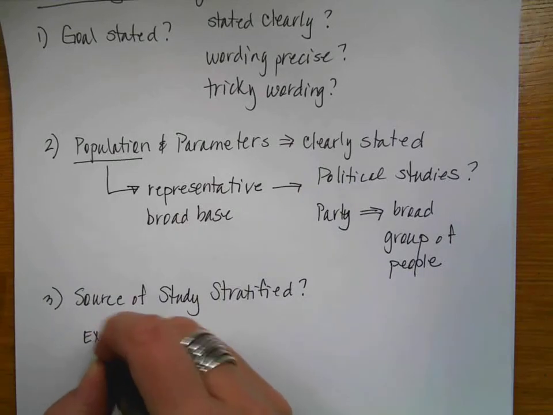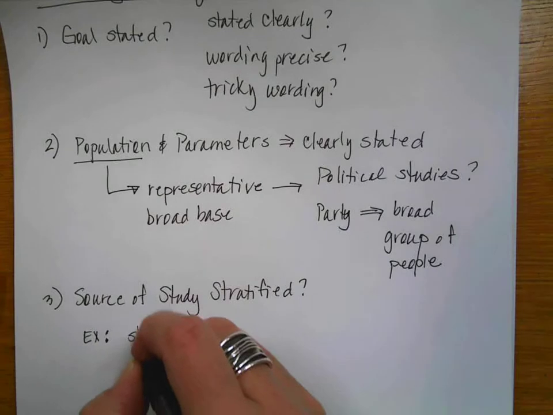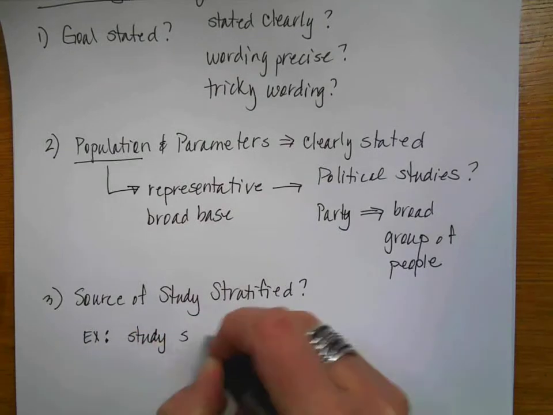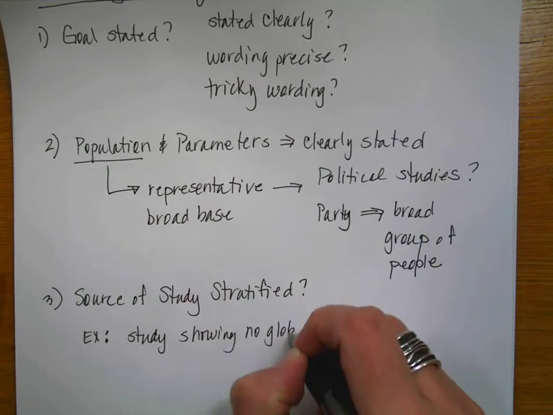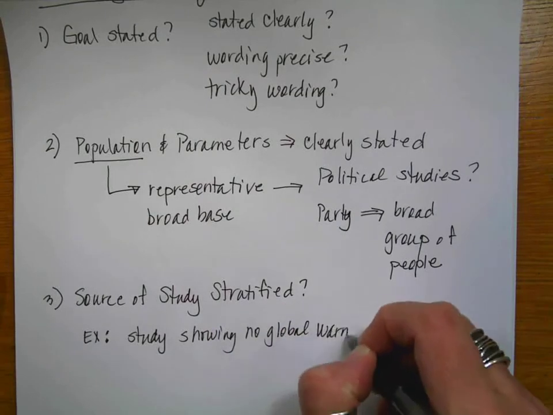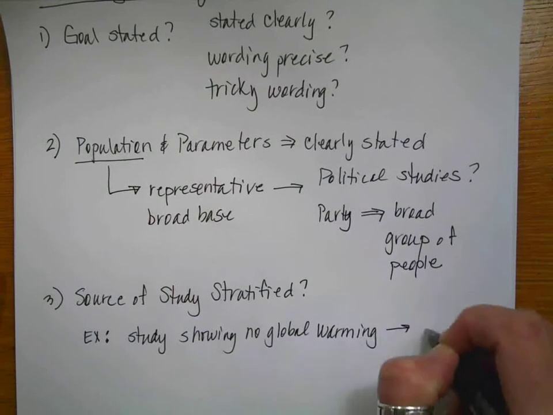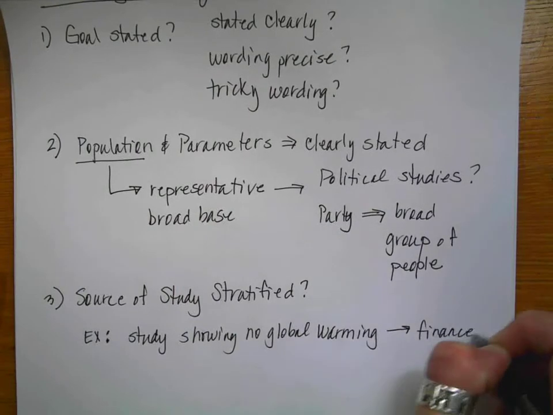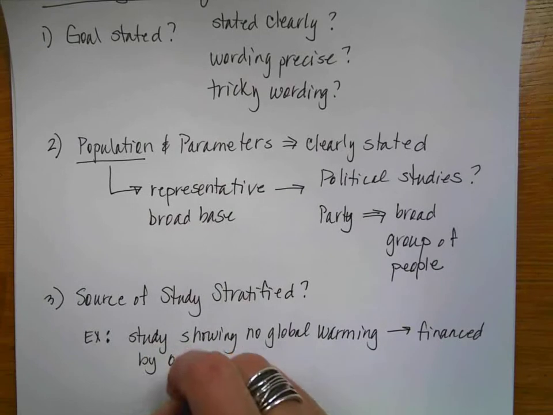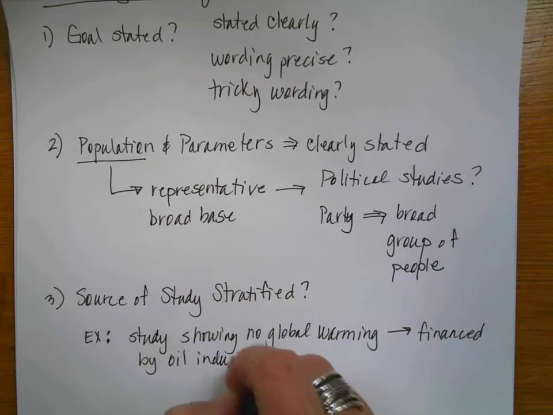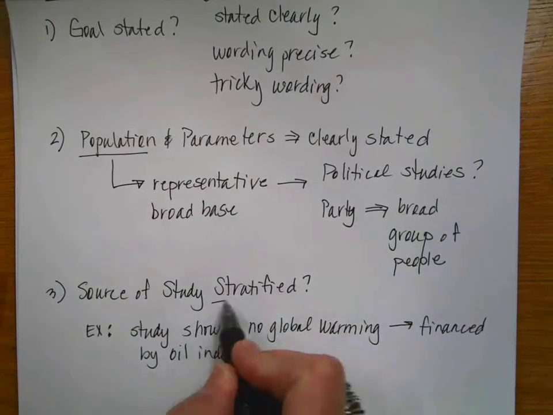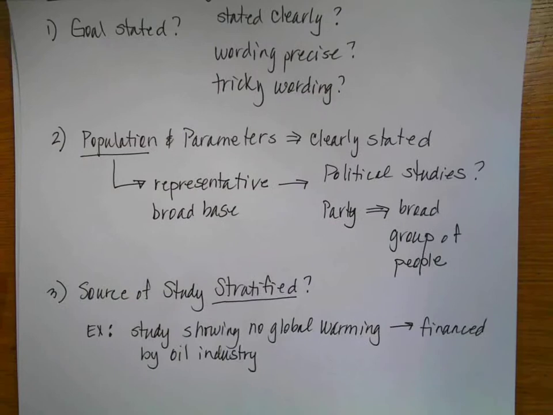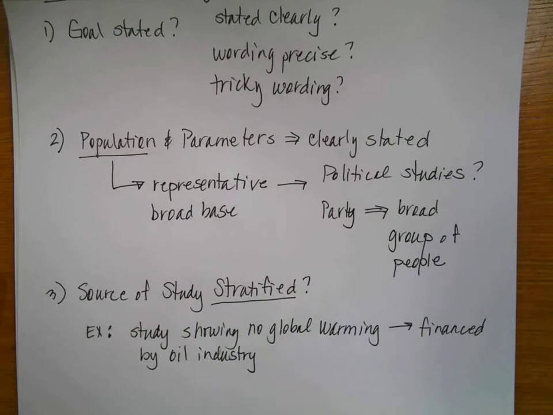Maybe I have a study showing that there is no global warming, and maybe that study is financed by the oil industry. You can see that there might be a conflict of interest. So stratified means, is there a conflict of interest, or is it done by a non-biased third party?